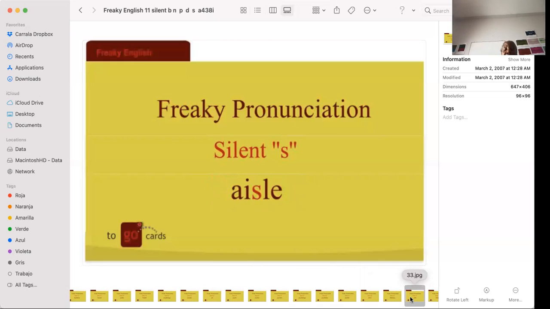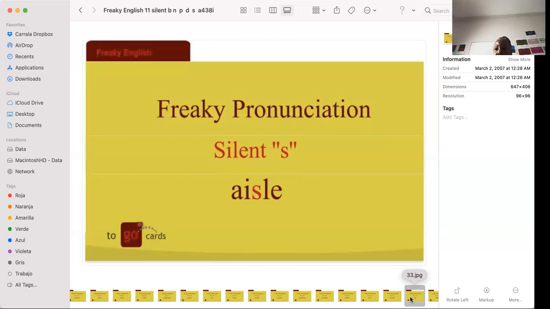Now we're talking about the silent S. This word is pronounced like the contraction for I will. The contraction for I will is uppercase I, apostrophe LL, and it's pronounced I'll. This word is pronounced exactly the same, I'll.